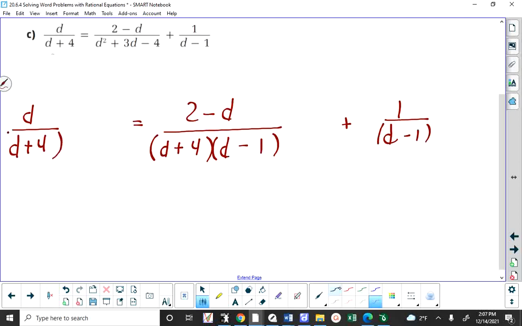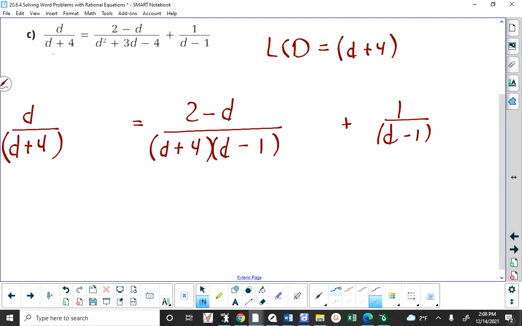And, you know, your lowest common denominator has to contain everything in each of the old denominators, one denominator at a time. Okay, I don't mean to imply we're going to put all this in there. It needs to contain this first denominator of d plus 4. Okay, so we put a d plus 4 there.